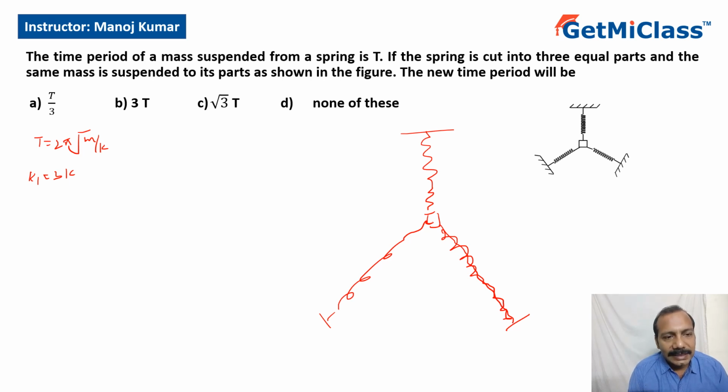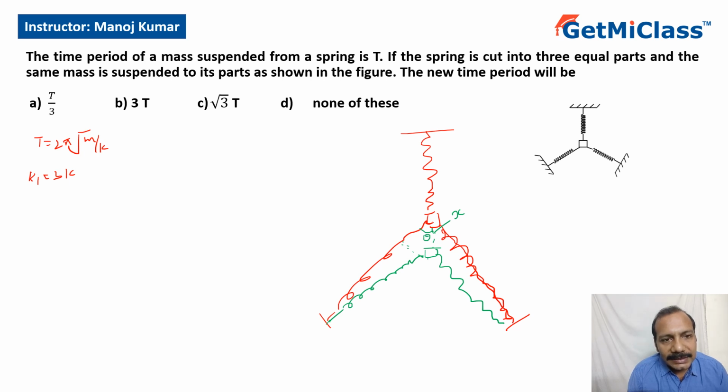Now let's say I slightly disturb it. I'll take a different color. I disturb it till here, something like this. So this is the new length of these two springs. Now let's say this extension is x. Then I'll drop a perpendicular to find the extension, and I'll take this angle as theta.